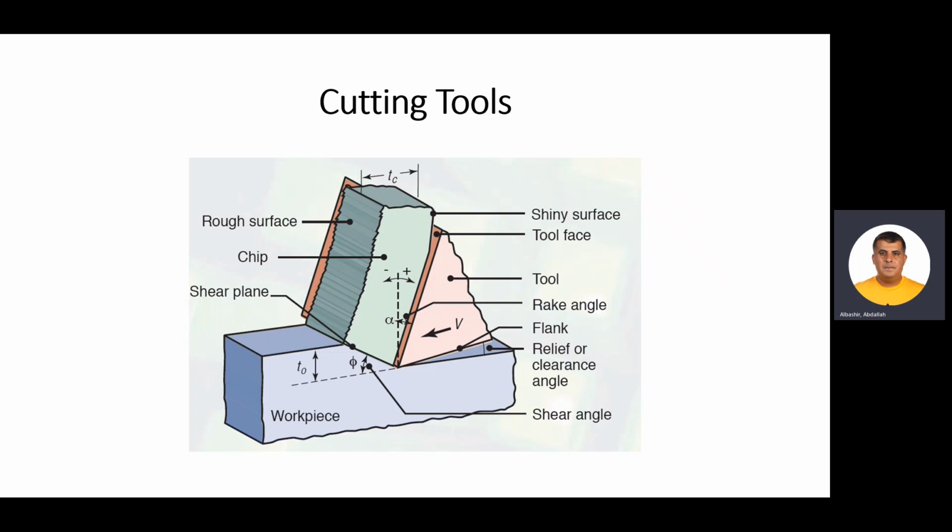The parameters here are the forces, the depth, and the angles. You need also to know that there are relief or clearance angles which prevent the tool from making friction with the newly formed surface of the workpiece.